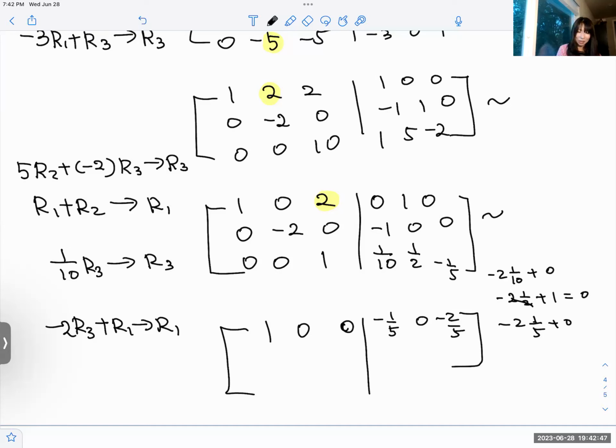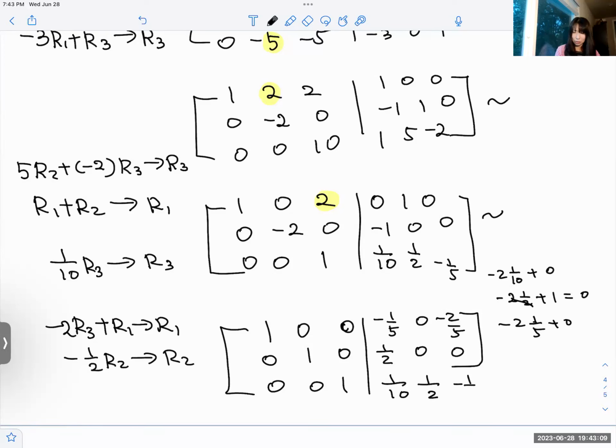Okay, now we can make 1 in the second row. So -1/2 R2 to make R2. So this is 0, 1, 0, +1/2, 0, 0, 0, 0, 1, 1, 1, 0, 1/2, -1/5.